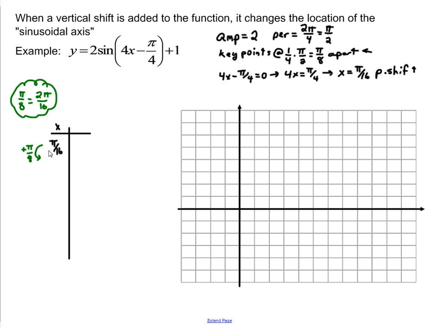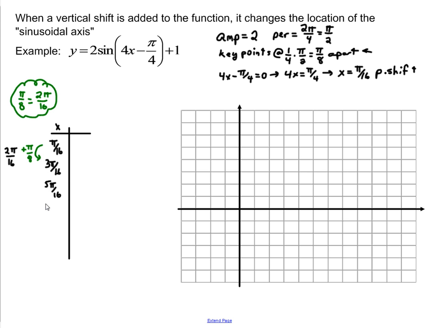Well, 1 pi over 16 plus 2 pi over 16 gives me 3 pi over 16. That's my first key point. Adding 2 pi over 16 gives me 5 pi over 16 as my next key point.